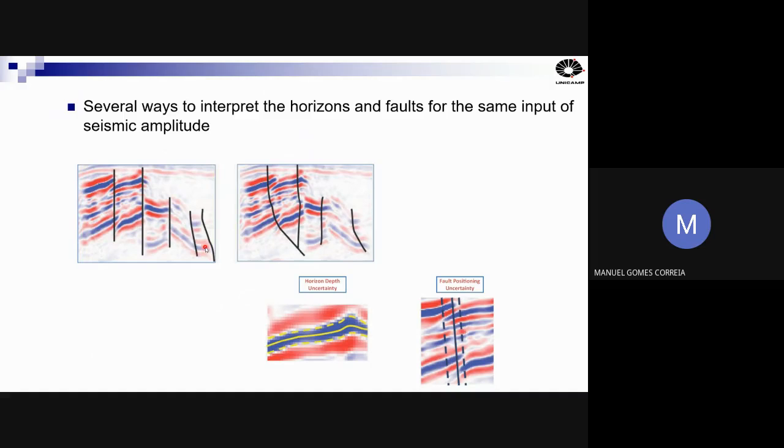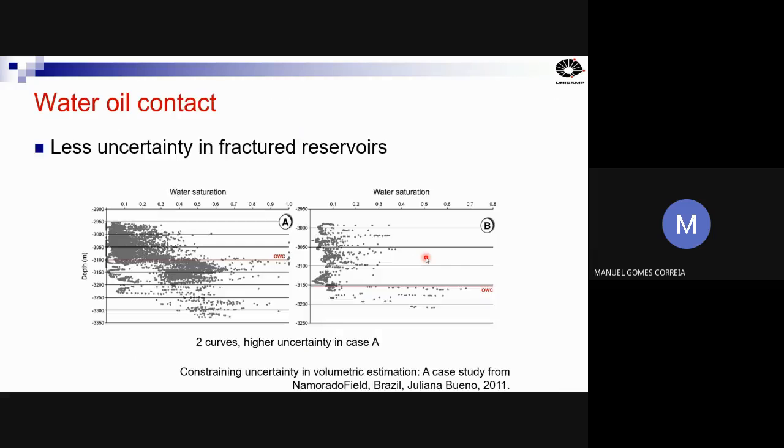So we have several ways to interpret horizons and faults for the same input seismic amplitude. Then we also have the uncertainty related to the resolution of the seismic. You can see here different types of characterization.